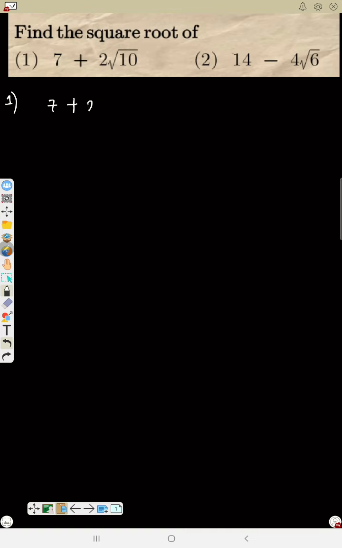7 plus 2 root 10. So this is the same thing as 7 plus 2 roots.